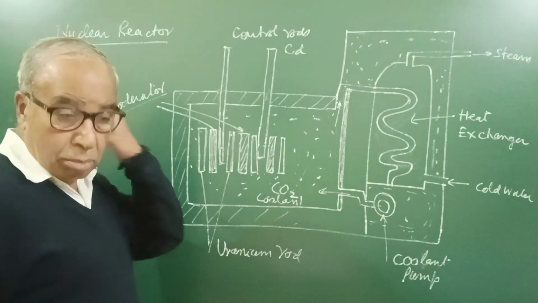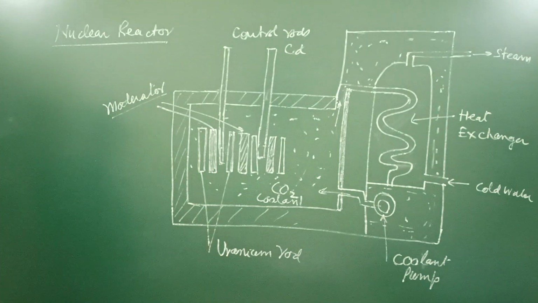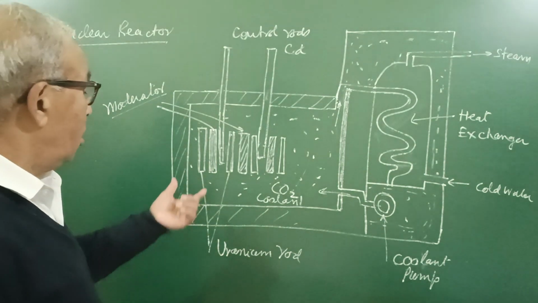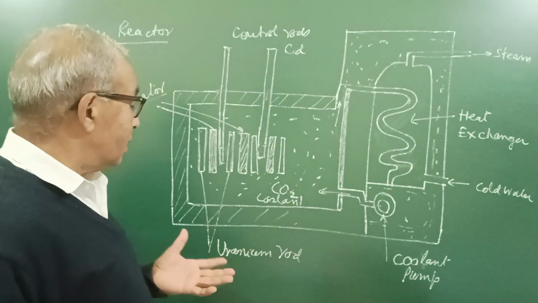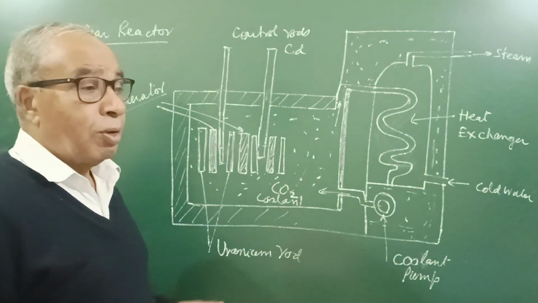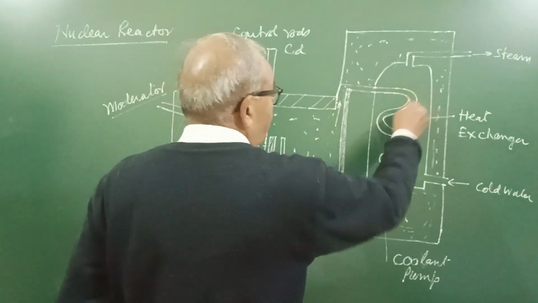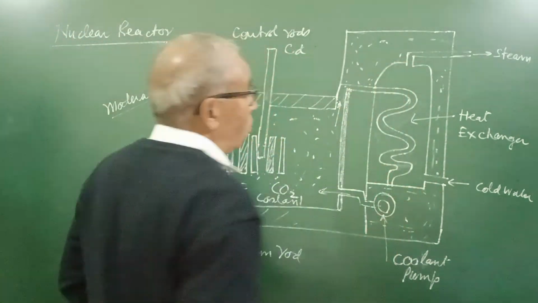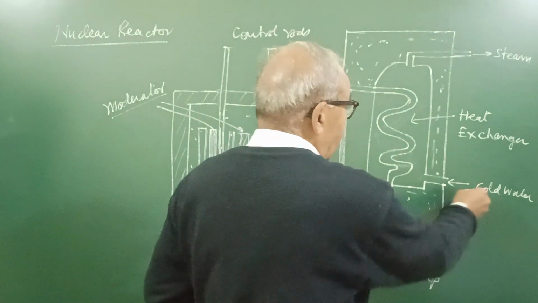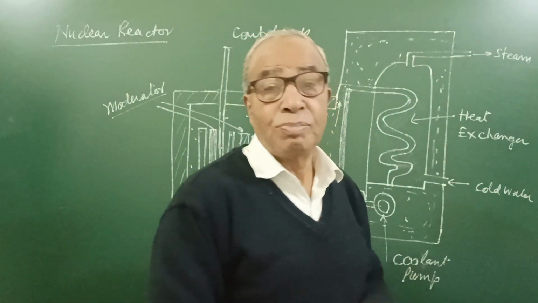When uranium get fission, it releases energy in the form of kinetic energy of fragments, and that kinetic energy of fragments, when collide with CO2 molecules, produce heat which is absorbed, and hot CO2 is passed through this chamber, where it heats up cold water. Cold water converts into steam.